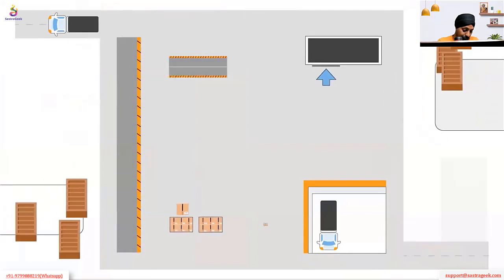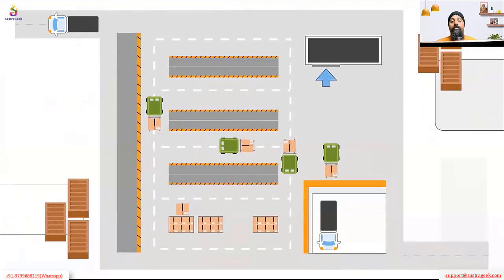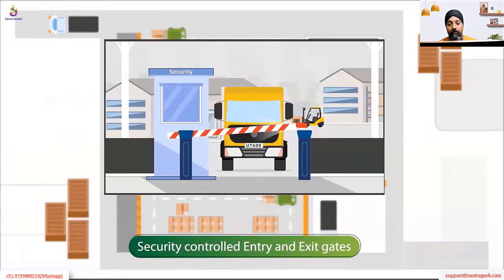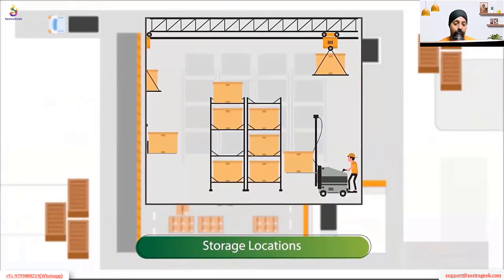Among the different types of warehouses, there are certain commonalities. They are: each warehouse has security-controlled entry and exit gates, receiving and dispatch docks, and storage locations.